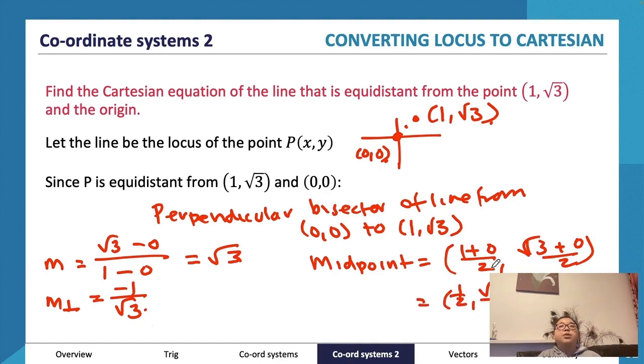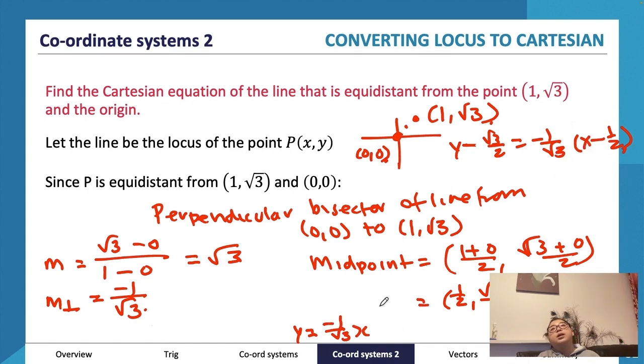Now we have all the information we need, because now we're just going to have y minus root 3 on 2 equals negative 1 on root 3 times x minus a half. So what we're going to get here is that y will equal negative 1 over root 3 x.